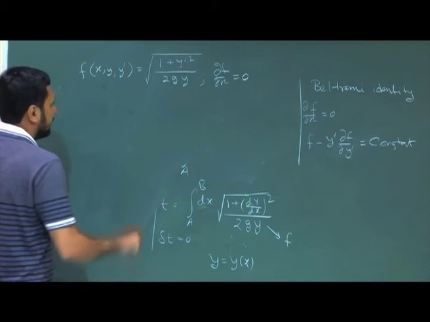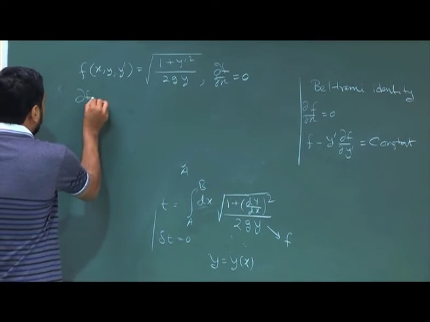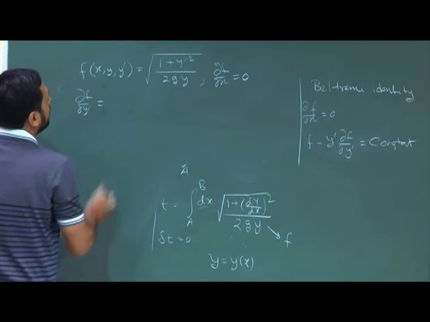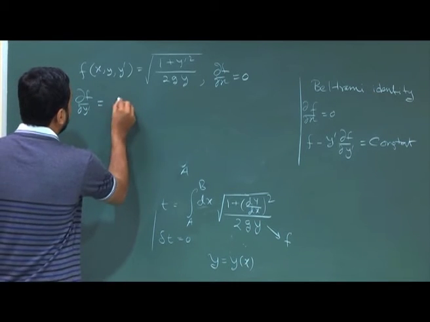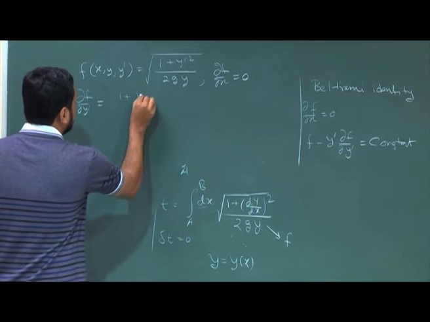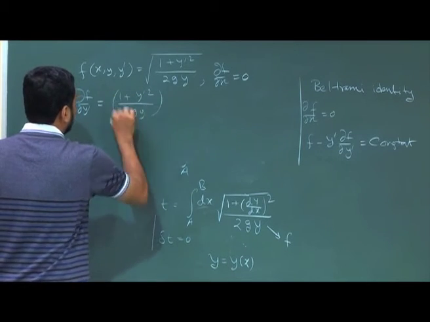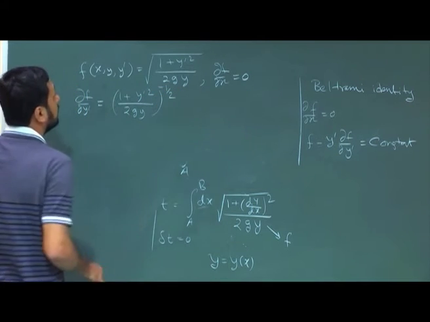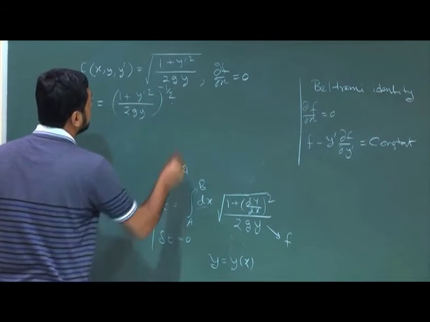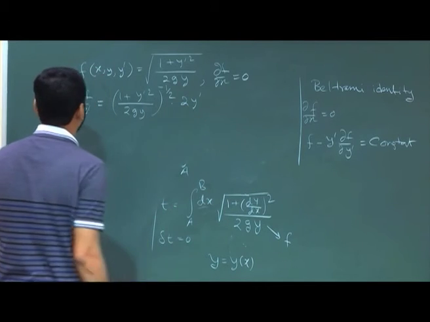So, what we can do is we can calculate del f del y prime, which will be the expression (1 plus y prime square by 2gy) to the power minus half times 2y dashed, right.